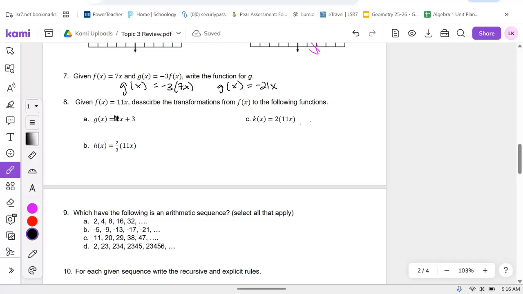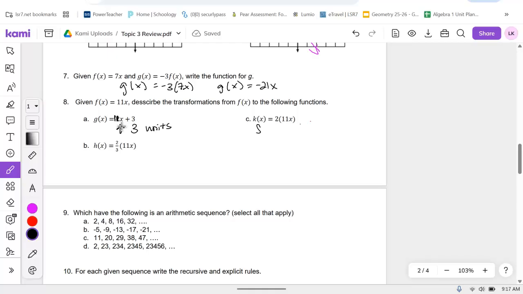That was a mistake. Given f of x equals 11x, describe the transformations from f of x to the following functions. So this is g of x equals 11x plus 3. Sorry about my dog. It is a vertical shift of plus 3, so it's up 3 units. K of x equals 2 times 11x.